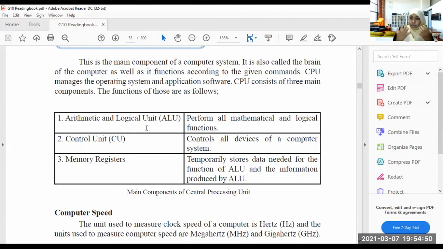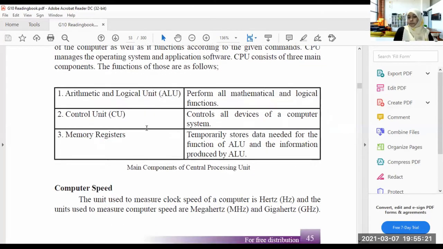After the data goes to the CPU, first of all it is stored in the memory register. Then the memory register sends it to the ALU to be processed. After processing, the information is sent back to the memory register, and then to the main memory.